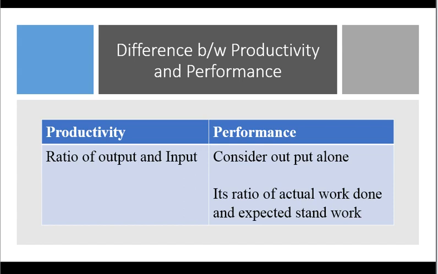If input is less after 15 days and output is as usual, then you can say productivity has increased. Are you getting my point? Productivity deals with the output as well as input, but production only deals with the output, meaning how much we produce today.